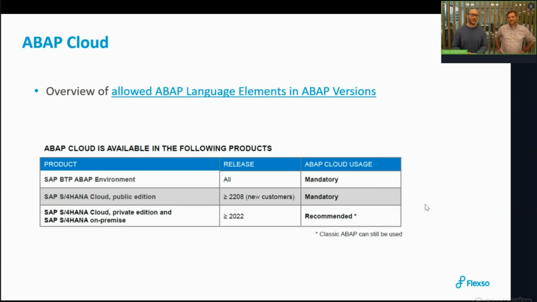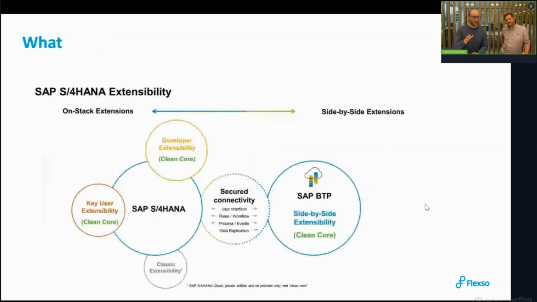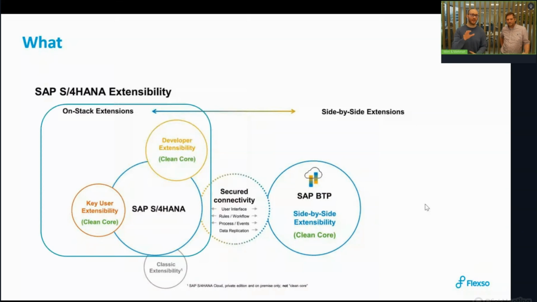We want to try the new stuff, and SAP has already also communicated that they will mainly focus their innovations on the ABAP stack in the cloud. So that's an added reason. Do note that today we will be focusing on extensibility on stack, so meaning developer extensibility and key user extensibility. We're not going to focus on or even mention side-by-side extensibility.